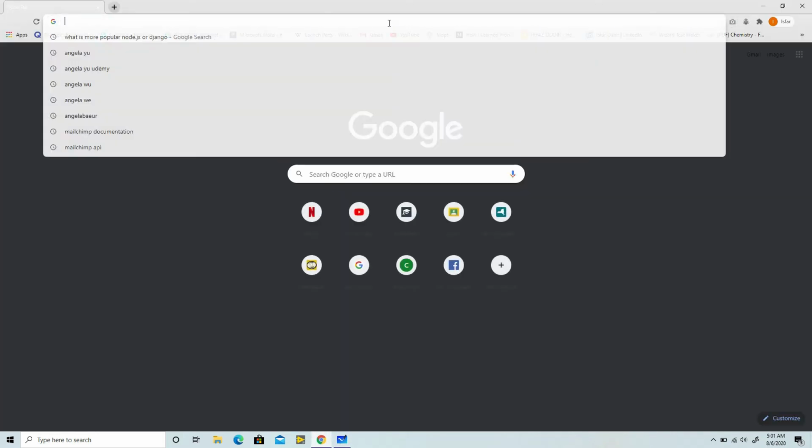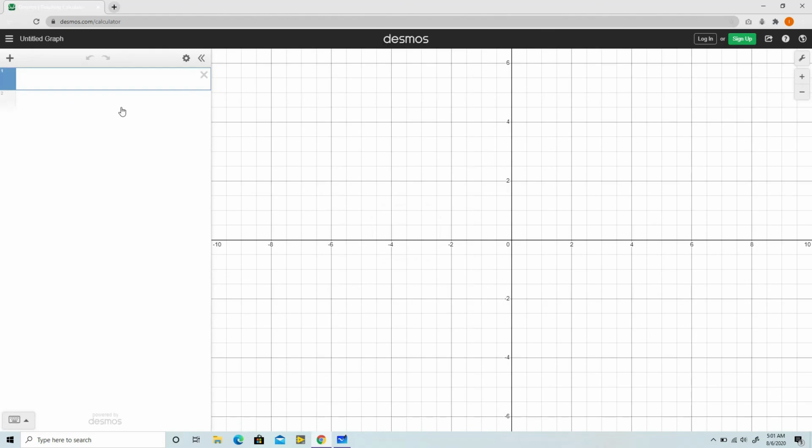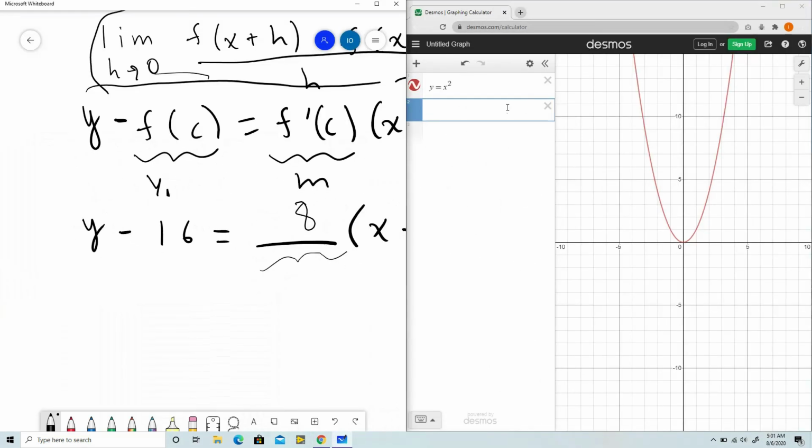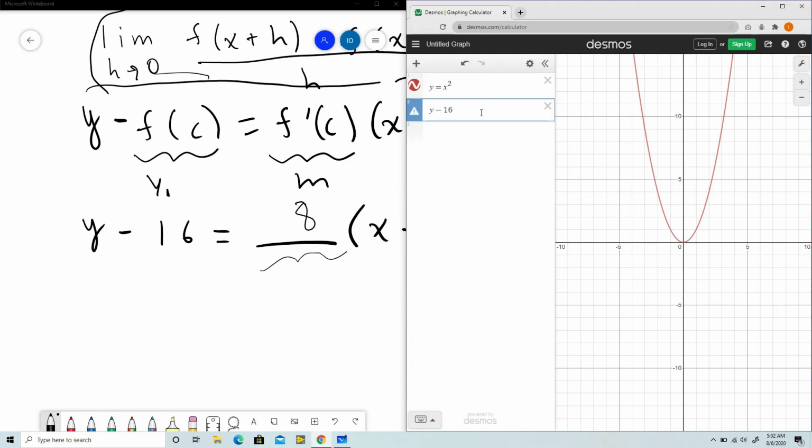Now, just to show you that it actually works, I'm going to graph it on Desmos. You have y equals x squared, and then what we came up with to be the tangent line: y minus 16 equals 8 times x minus 4.